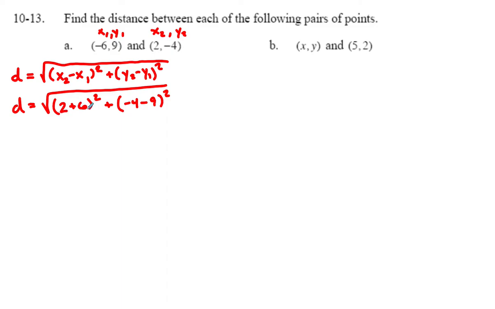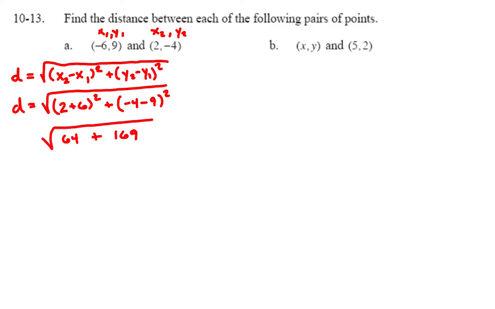So 2 plus 6, because that came from 2 minus -6, is 8. 8 squared is 64. So right now we've got a 64 here. -4 minus 9 is -13, and -13 squared should be 169. Everybody should know that.